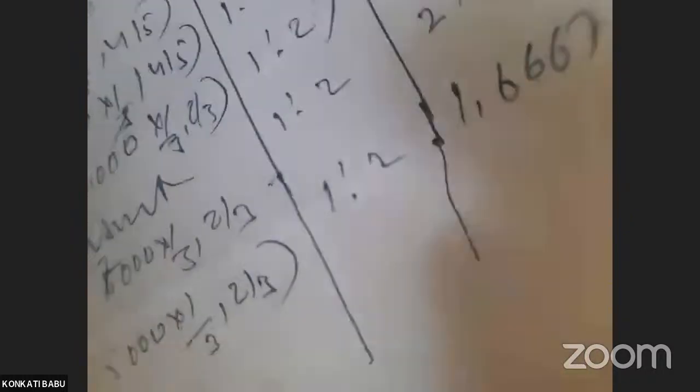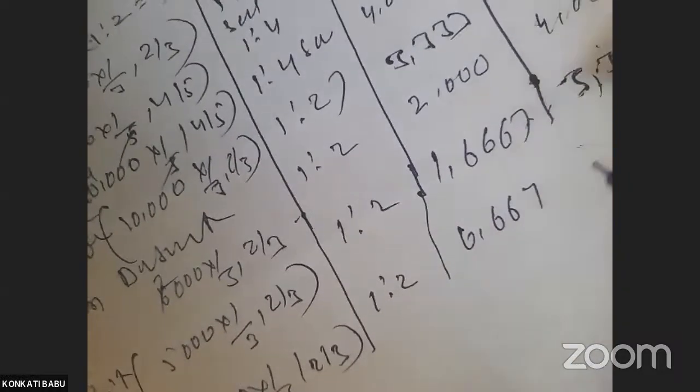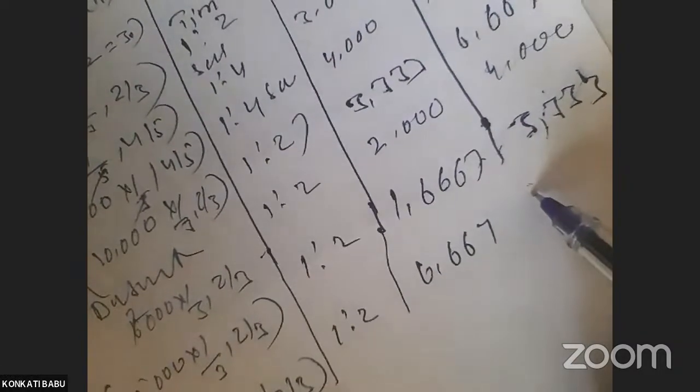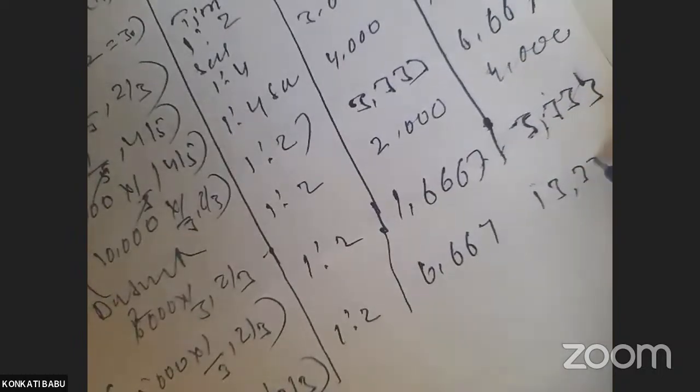Next, depreciation on fixed assets. Time ratio again. 20,000 into 1/3, 2/3. 6,667. 13,333.